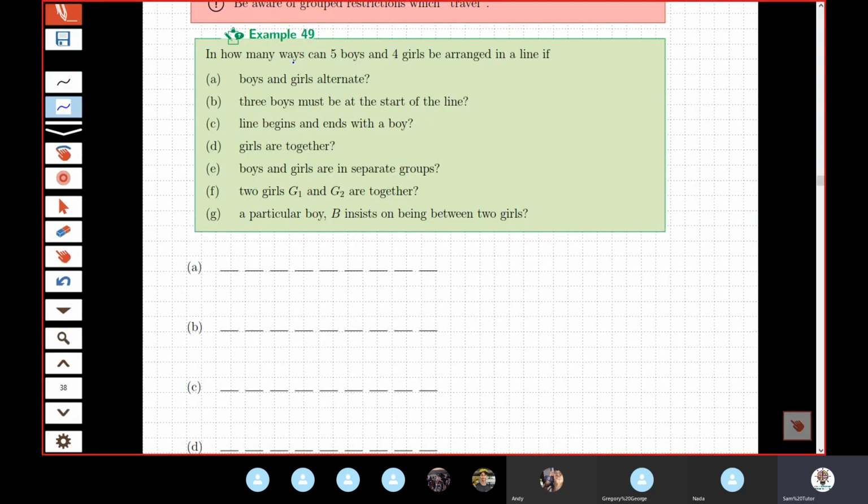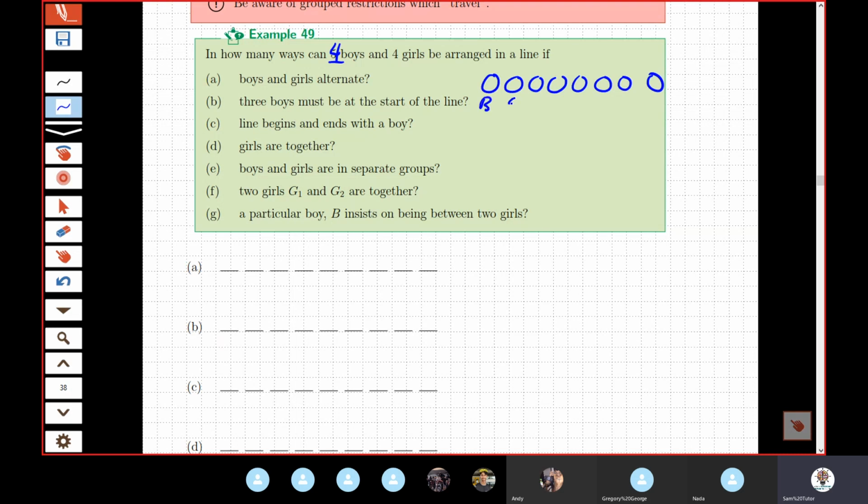All right. In how many ways can 5 boys and 4 girls be arranged in line if the boys and girls alternate? Okay, I don't know if it was your class or the other class, but I want to make this clear. If it was 4 boys and 4 girls and the same question, this would be the answer.